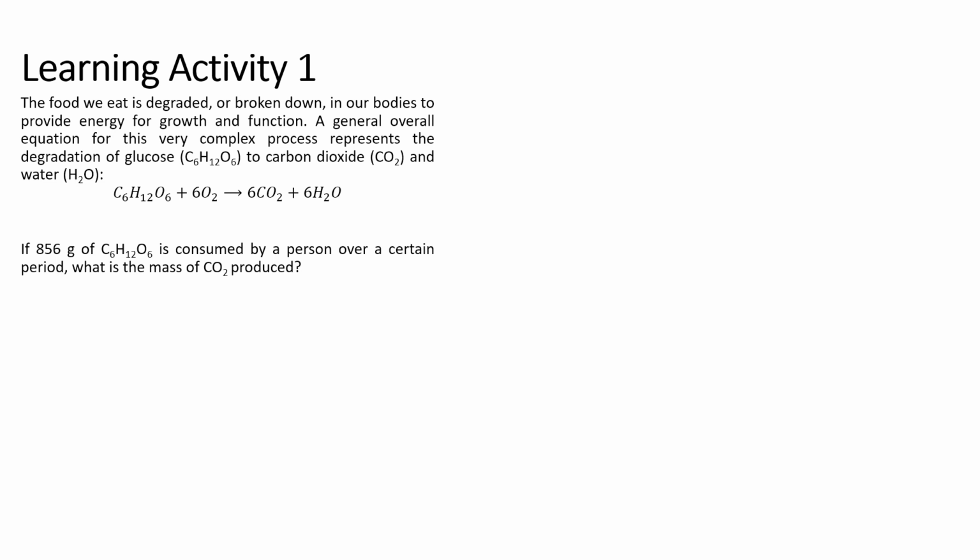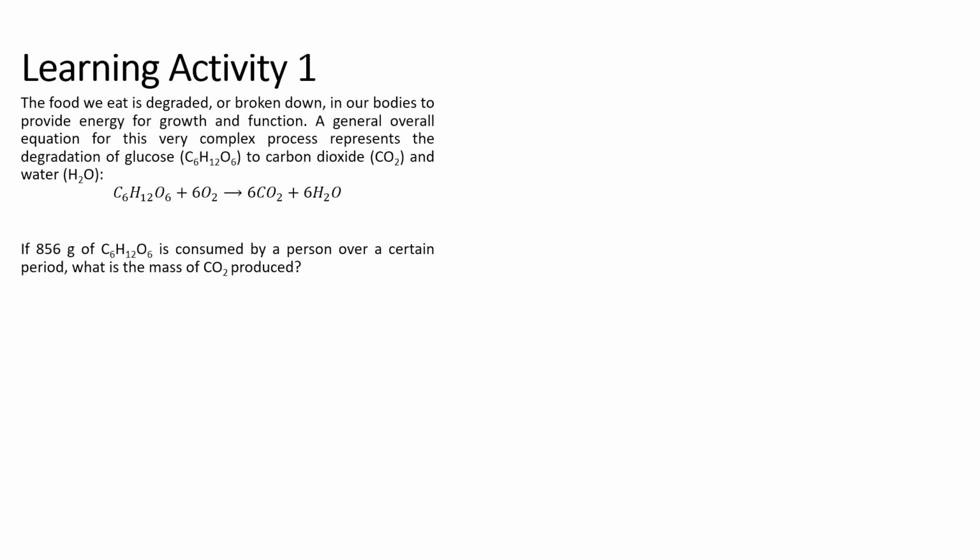So this is your equation now given to you. Okay, so you're lucky kasi given to. Pero later sa quiz nyo, it may not be given. Okay? So if 856 grams of glucose is consumed by a person over a certain period, what mass of carbon dioxide is produced?